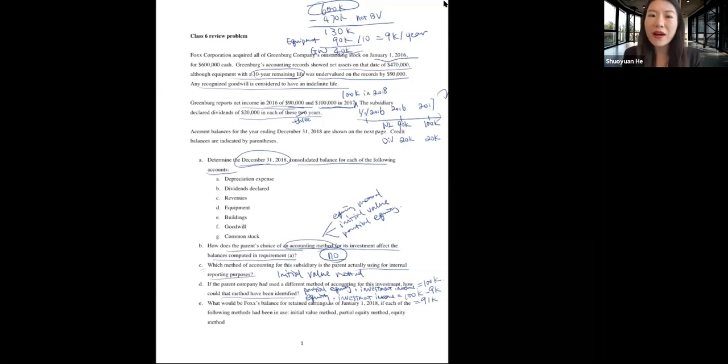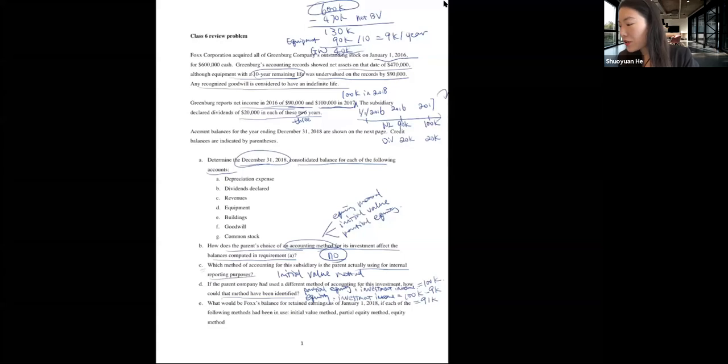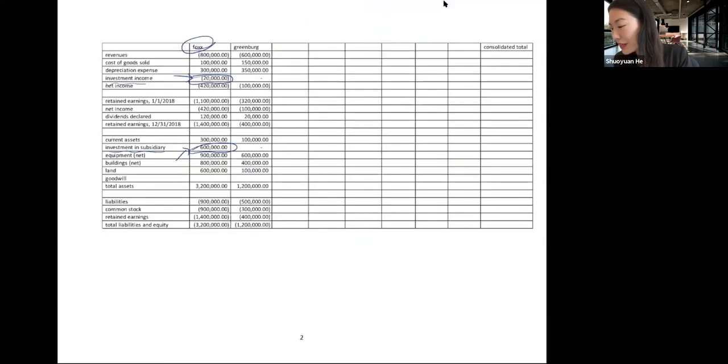So we need to take out 20,000, 20,000, and 20,000. And that is if the parent has been using the partial equity method. And then if the parent has been using the equity method, based on the investment account under the partial equity method, we need to further take out 3 years of amortization. So those are, I'm not writing them here, but those will be the differences.